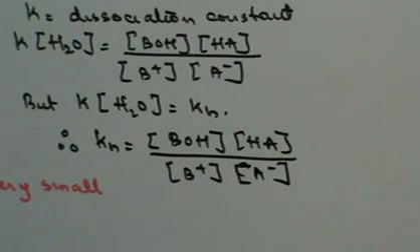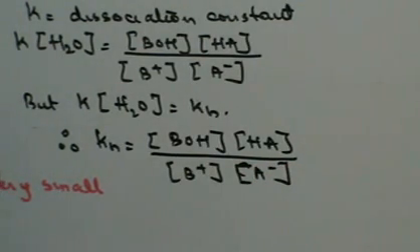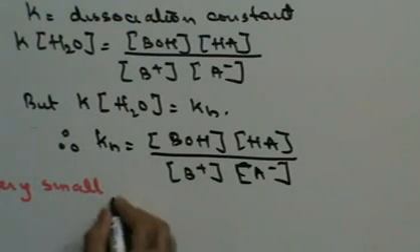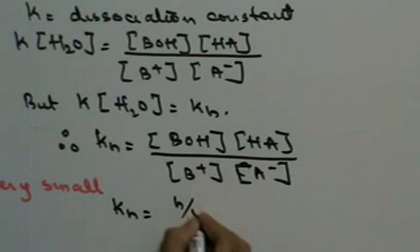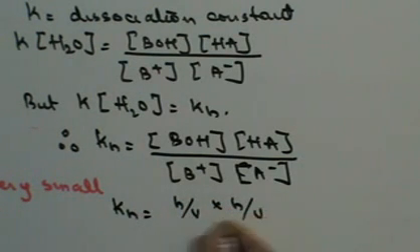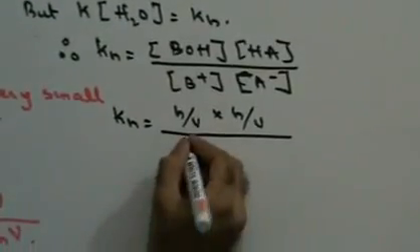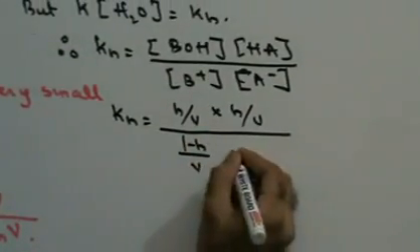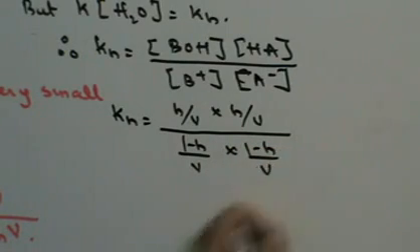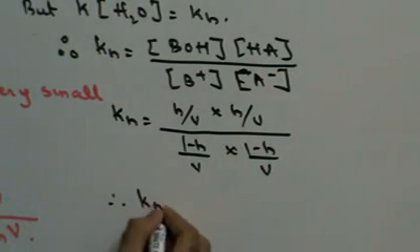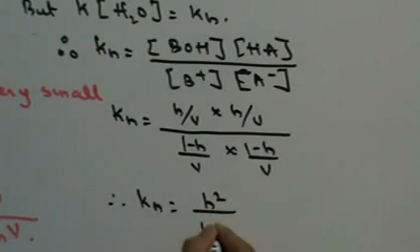Now, substitute the values. KH is equal to H by V into H by V upon 1 minus H by V into 1 minus H by V. Therefore, KH is equal to H square upon 1 minus H the whole square.